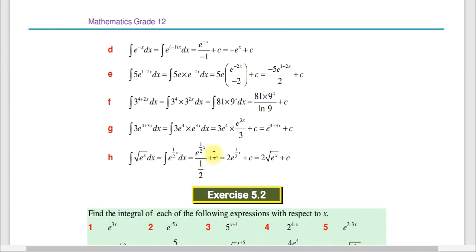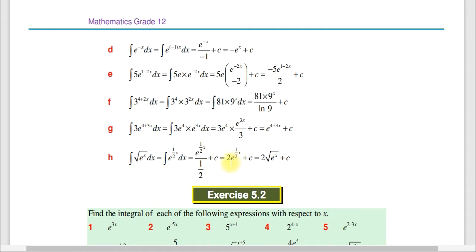So the others are similar. Let's do the last one: the integral of root x dx, which is equal to the integral of x to the power of 1 over 2 dx, with respect to x. This is x to the power of 1 over 2 plus 1, over 1 over 2 plus 1, plus c.